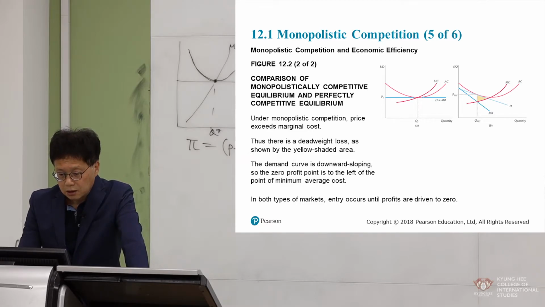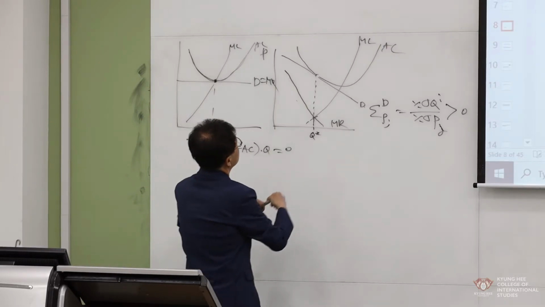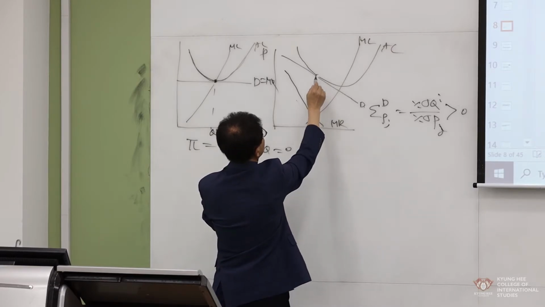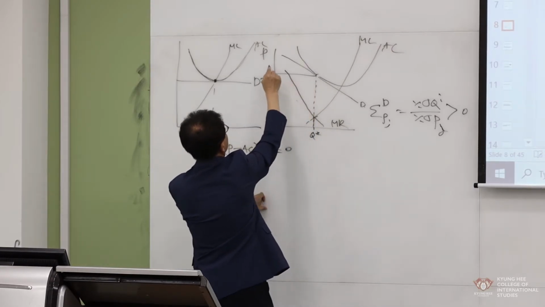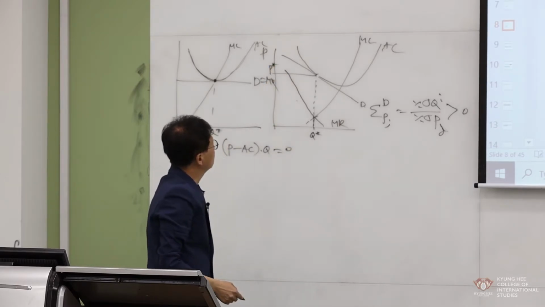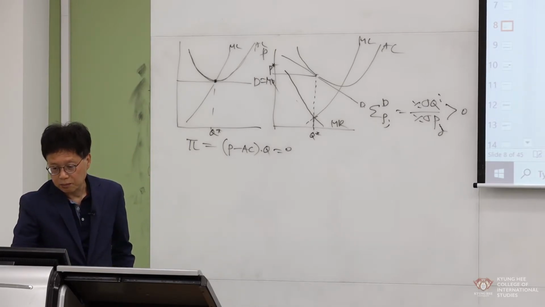Next slide. Under monopolistic competition, price exceeds marginal cost, right? So here, when producing this quantity, the price is this one. That is P star, right? Price exceeds marginal cost.